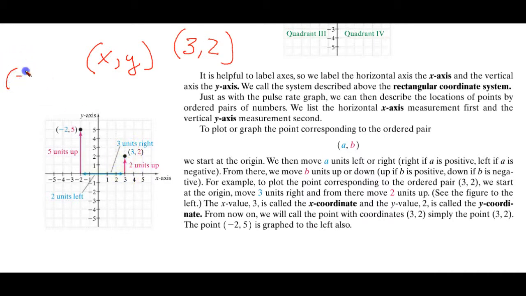And if you did negative 2, 5, you would start at the origin, go left to negative 2, then up to 5. And that is something you'll be practicing, and later the quiz, and hopefully that's the easy part of all of this.